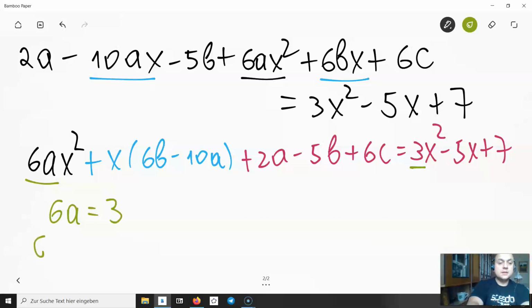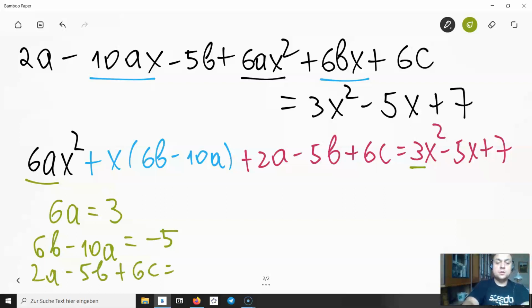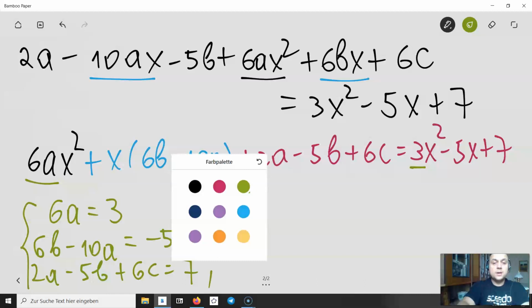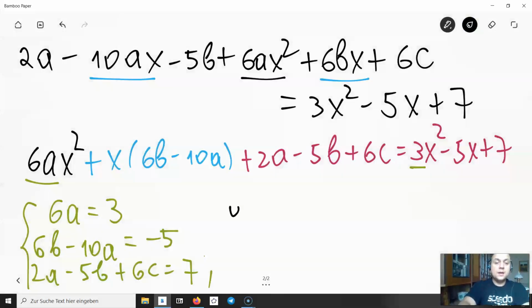Secondly, 6b minus 10a must be equal to minus 5, and 2a minus 5b plus 6c is equal to 7. So this is a system of linear equations, but it is actually straightforward because from the first equation on the top we can solve it, and we have a equals a half.